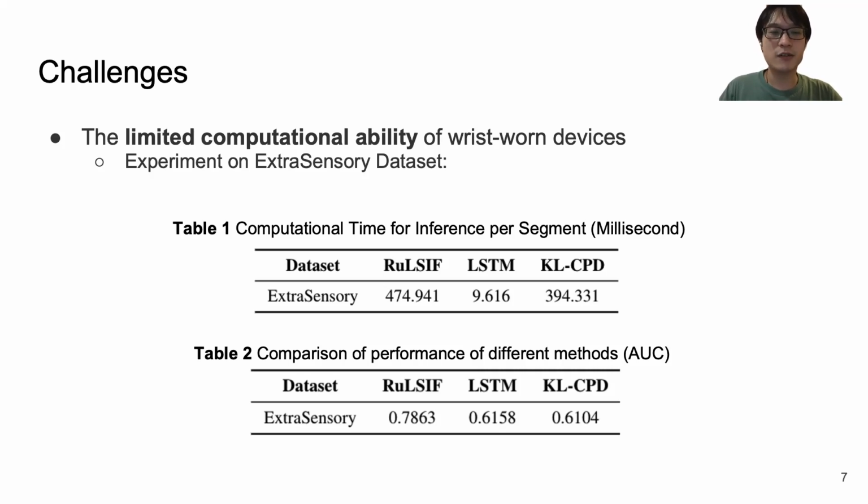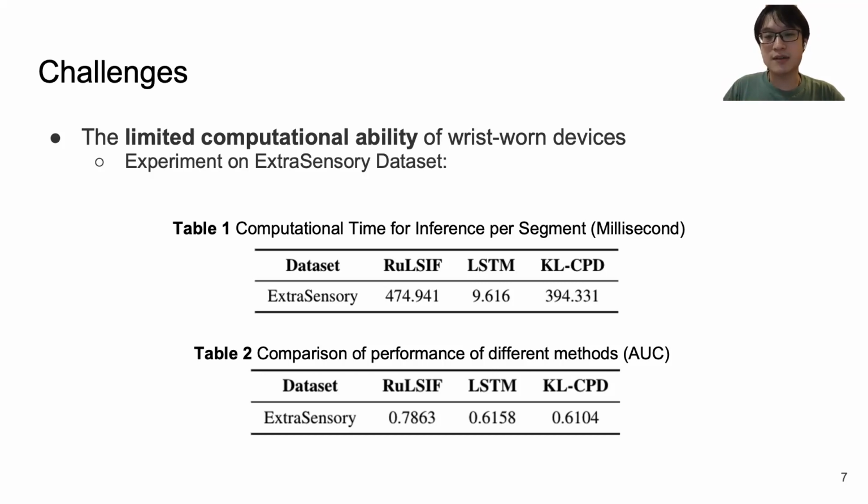And we can find from Table 1 the computational time for inference per segment in the ExtraSensory dataset. We can find that ROSIF and KLCPD performed very badly.